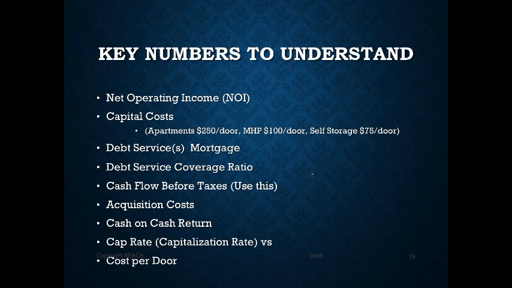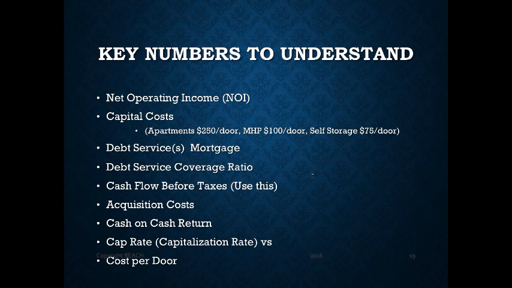Capital costs are basically how much I'm going to hold out, or put in reserves, so that I can do some upkeep and keep the property in good shape. So it is not truly an expense. It is something I'm going to put in every year, some kind of upgrades or improvements. So when people go to sell a property, they typically do not include capital costs in their NOI.